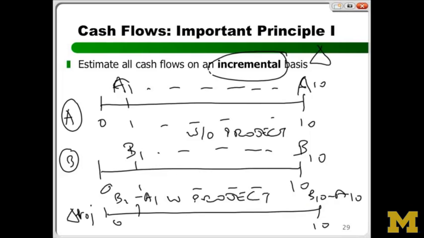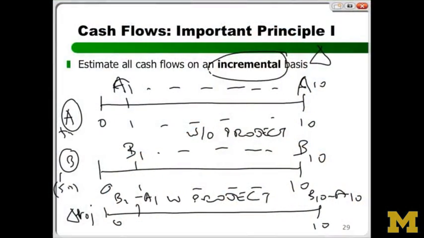If there's one thing I want you to remember about project creation, it is that projects are always incremental. It's always good to think about what the world would look like without the project and what the world would look like with the project, because it's the difference. Once you get used to it, you do B1 minus A1 in your head, B10 minus A10 in your head automatically. But this is very important, and the reason is, if you do it this way, you never double count.